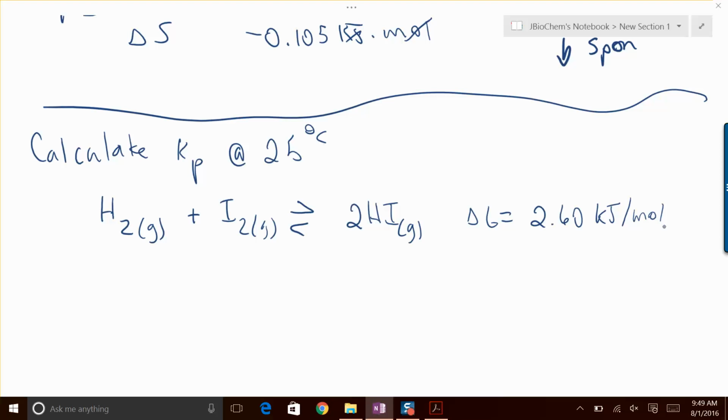H2 plus I2 is in equilibrium with 2HI. Delta G equals 2.60 kilojoules per mole. So we're given our delta G of the reaction. They want me to find Kp.